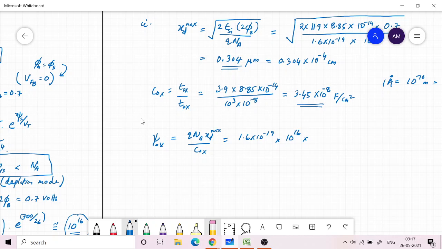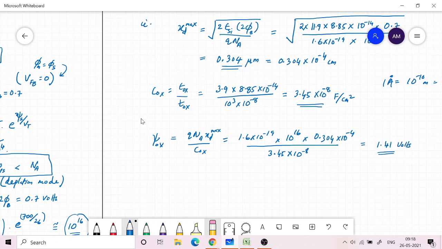So that we obtained as 0.304 into 10 raised to minus 4 in centimeter unit, and then divide this by Cox, which we just now found, 3.45 into 10 raised to minus 8. So this comes around as 1.41 volts. Okay, so this is Ψox.